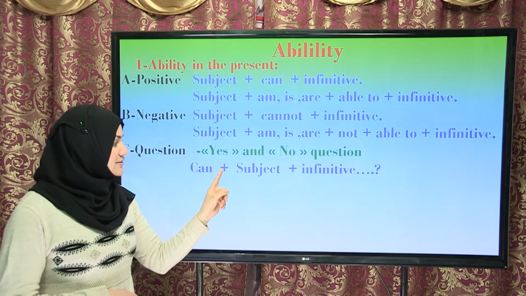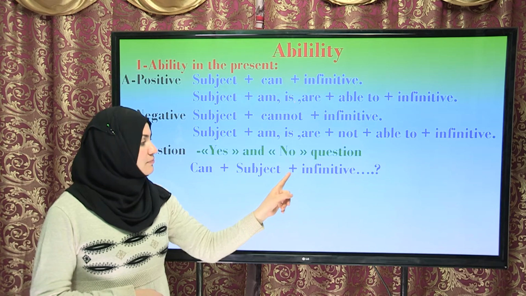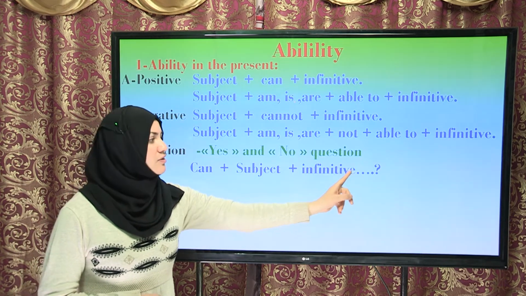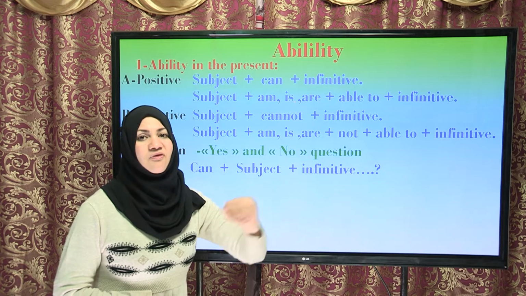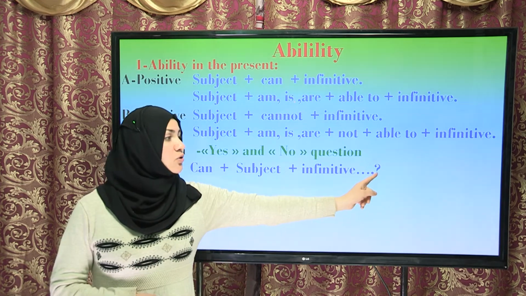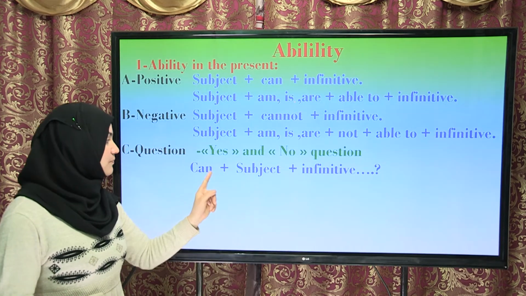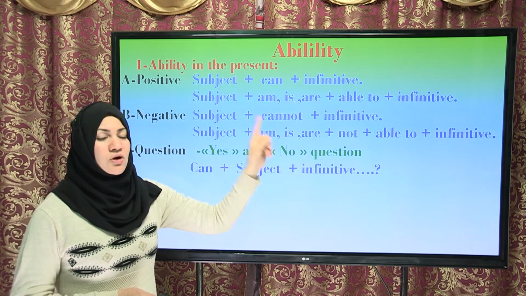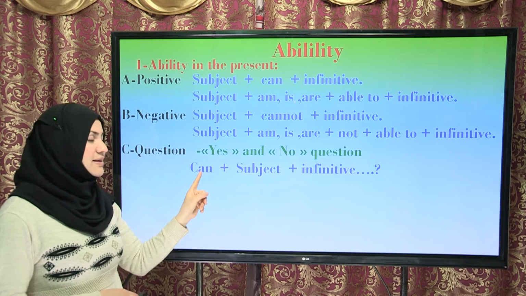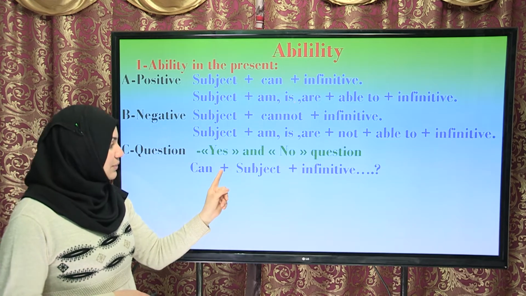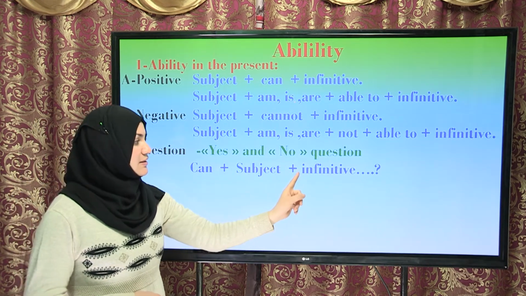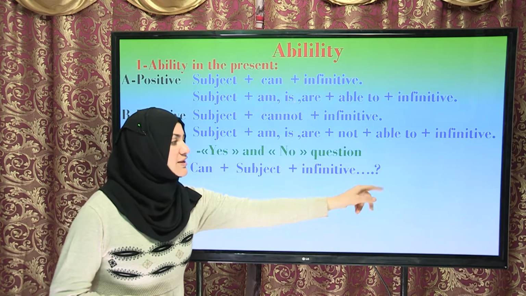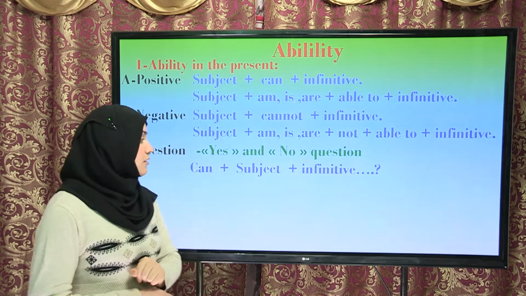Can plus subject plus infinitive, the rest of the sentence, and of course we don't forget the question mark. I repeat, in a yes and no question we always start with can: can plus subject plus infinitive, the rest of the sentence, and question mark.